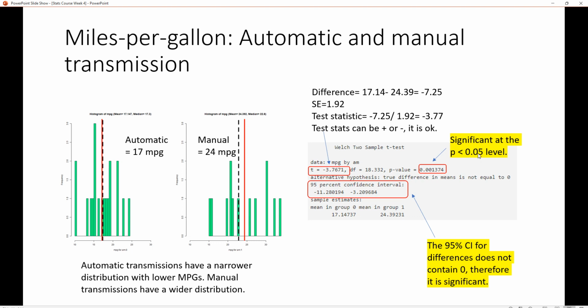So this is significant at the p less than 0.05 level, but it's also significant at the p less than 0.01 level. So this is something we probably wouldn't see by chance.